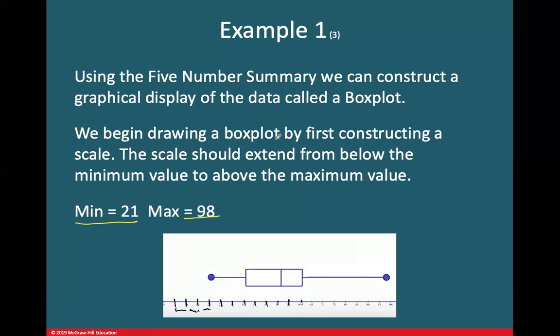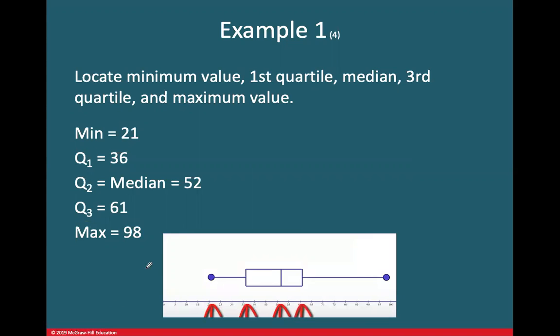Now we continue. We begin drawing a box plot by first constructing a scale. The scale should extend from below the minimum to above the maximum. It's logical, reasonable. Then we locate the minimum value, first quartile Q1, Q2, Q3, and the maximum value on this scale.